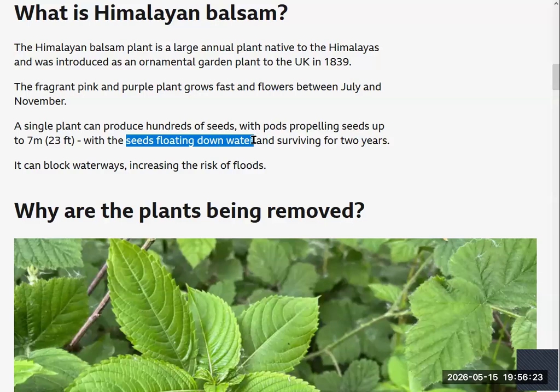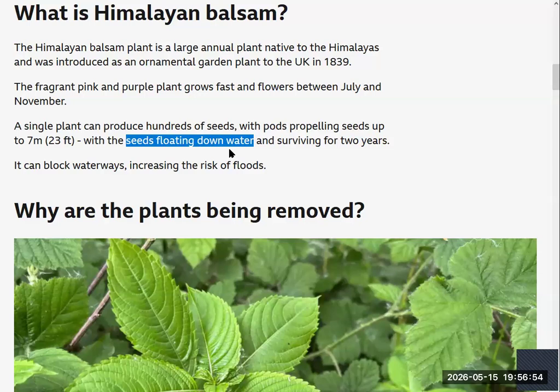And I'm sure earlier on it said something about blocking rivers, I think. That's the implication. I can't remember exactly how it put it now. So it might be that it tends to grow next to rivers. That's my assumption. It likes lots of water, and it tends to grow very well perhaps along a river or a stream.